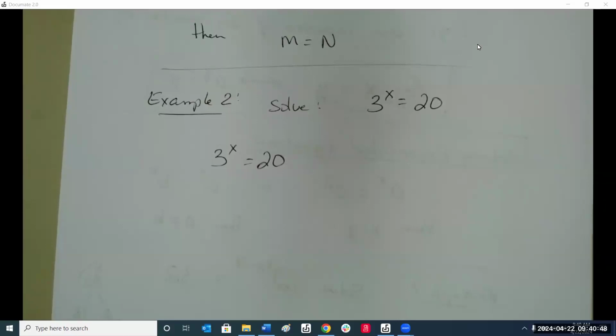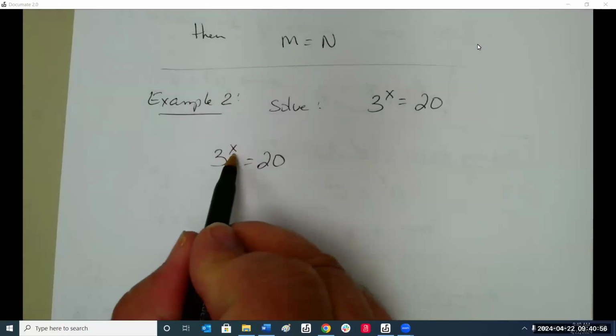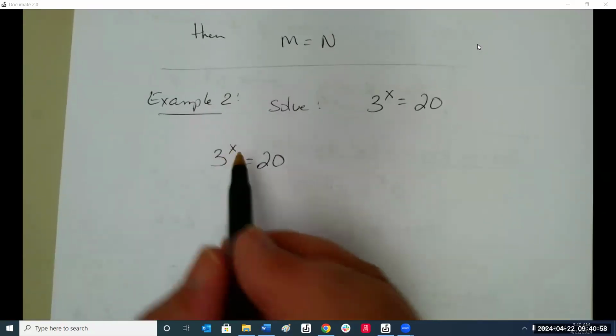So how are you solving it? What are you doing? Everybody's writing stuff. Because remember, the x is an exponent. How do we get rid of the exponent?